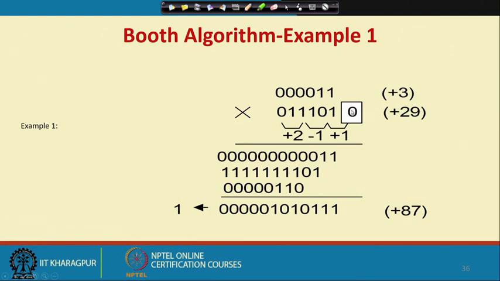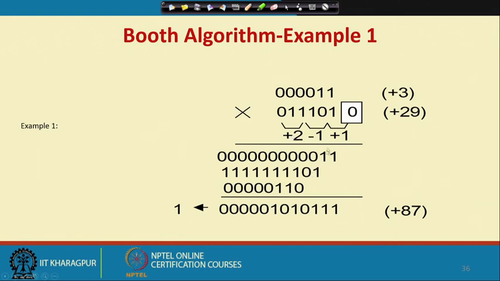I need to add 0. Then for 0 1 0, the case will be plus 1, for 0 1 0 that is plus 1. For 1 1 0 the case is minus 1. Then again for 0 1 1, the corresponding decoding table says that the multiplicand will be plus 2.